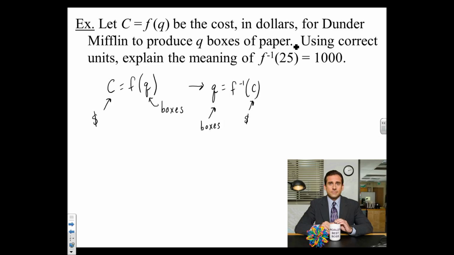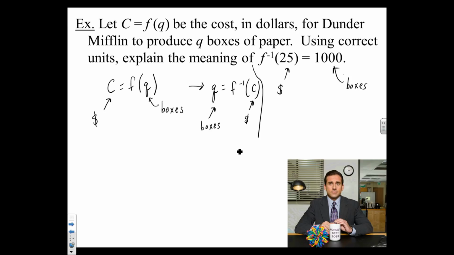So now, looking at the equation that I'm trying to explain, notice that this 25 is what I'm plugging into the F inverse function. Well, what am I plugging into F inverse? It's C, it's dollars. So this 25 would represent $25. And what do I get back? What is the inverse function equal to? It's equal to Q. It's equal to number of boxes. So this 1,000 would represent the number of boxes.